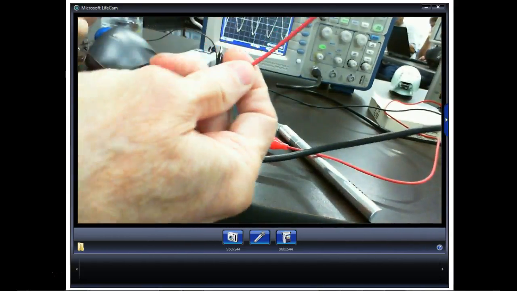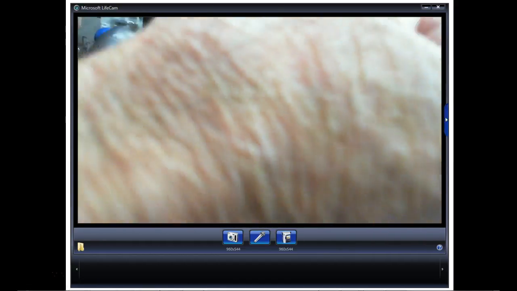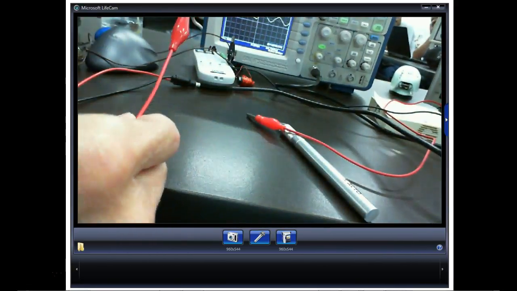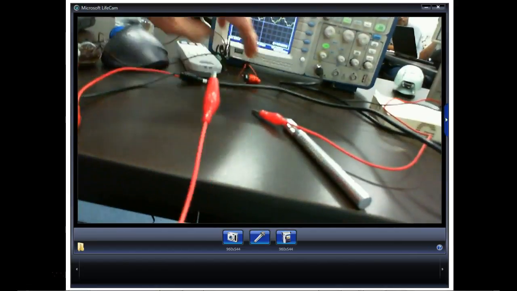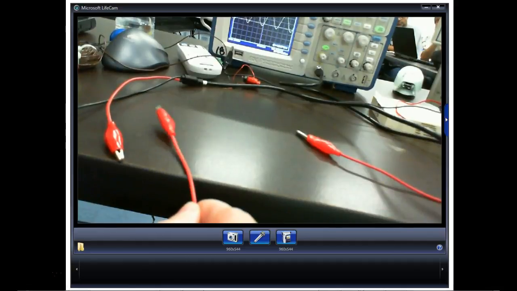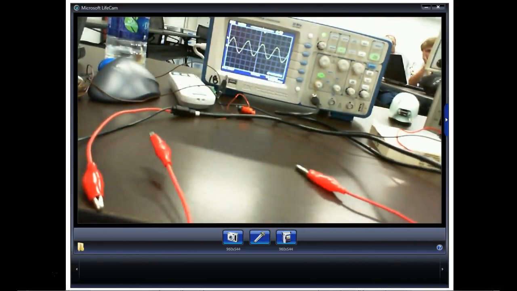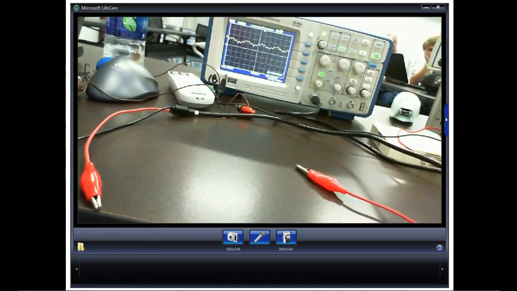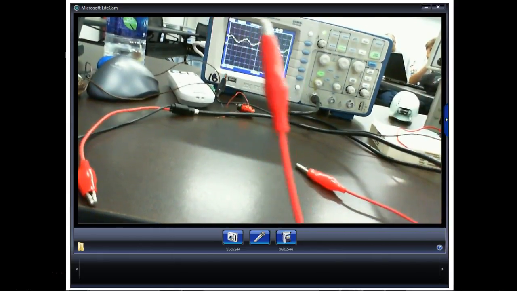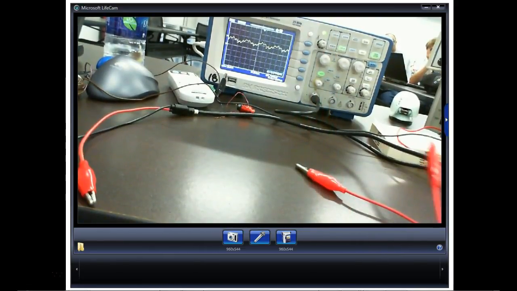These guys are not touching each other. I want y'all to look at these. Can y'all see my oscilloscope? Here's my oscilloscope, and here's my function generator.